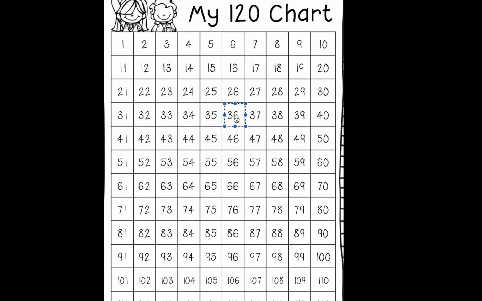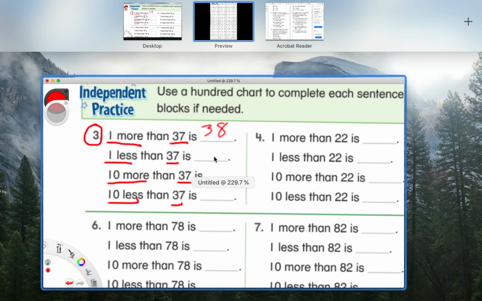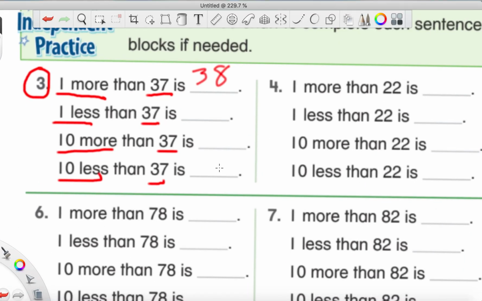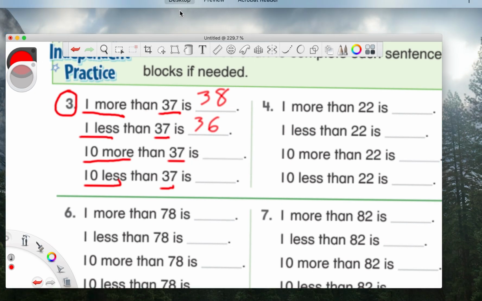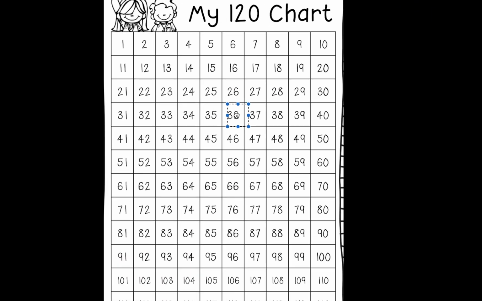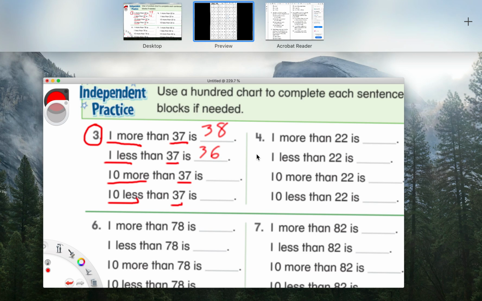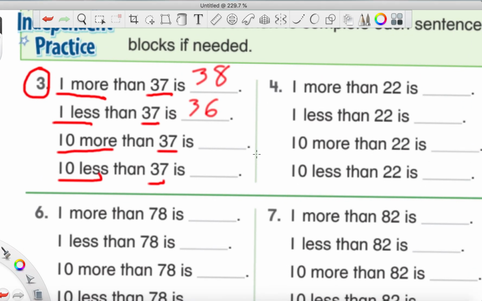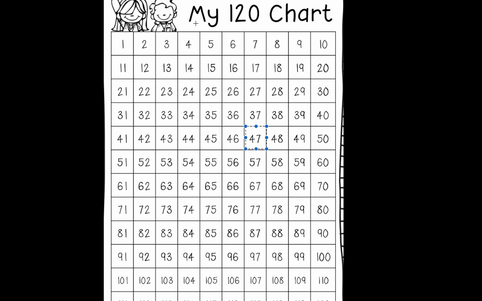Hop backwards, we land on 36. And for 10 more than 37, we hop down one, land on 47.